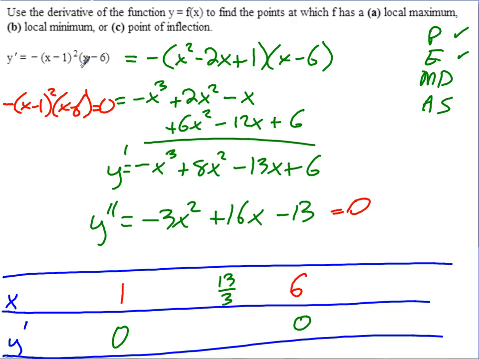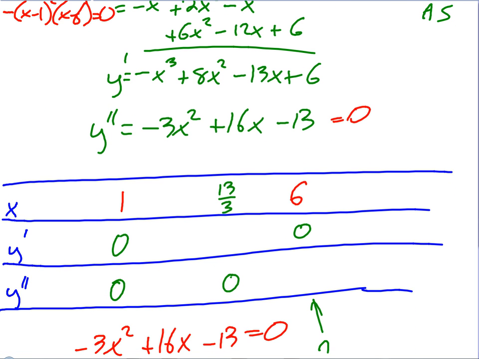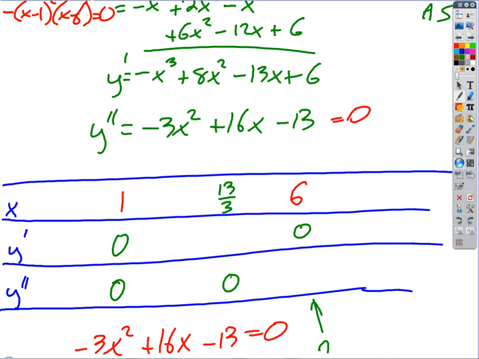So if I take x equals, I'm sorry, second derivative, whoops, second derivative. Second derivative's right here, isn't it? Okay, so the second derivative is not factored, whoops. But still, we can do this pretty quickly. 6 squared is 36, right? So I'm going to get negative 108. Good, that was quick.